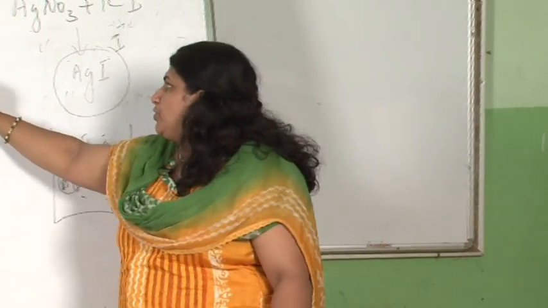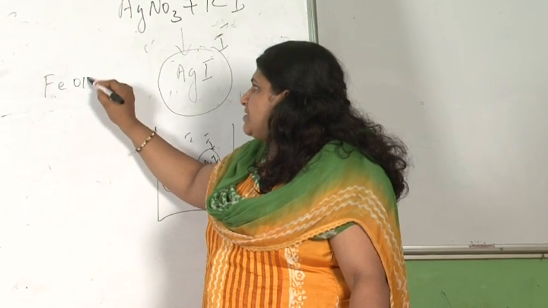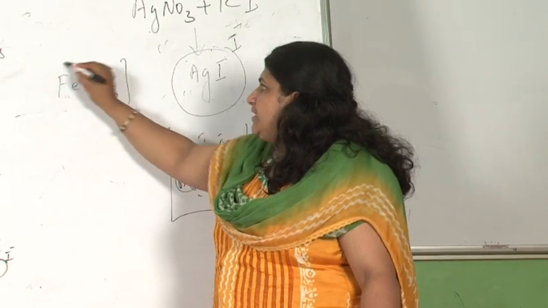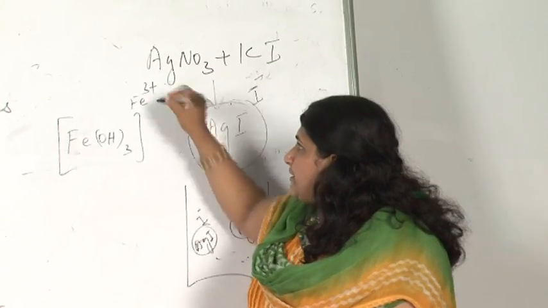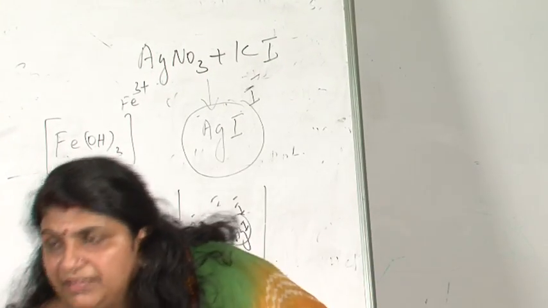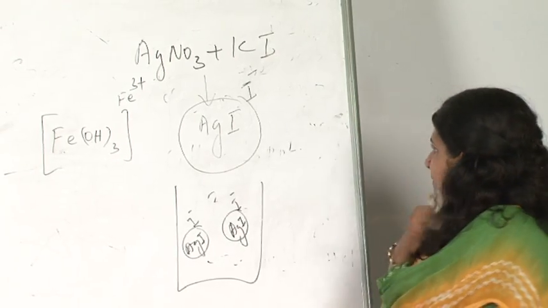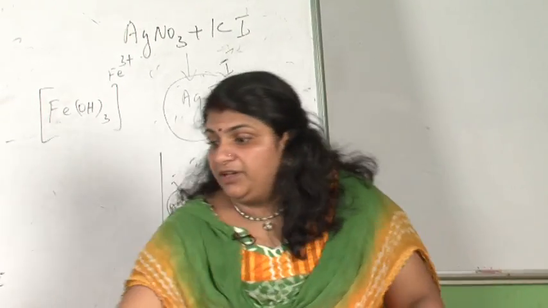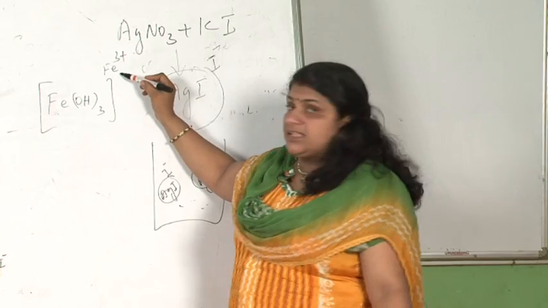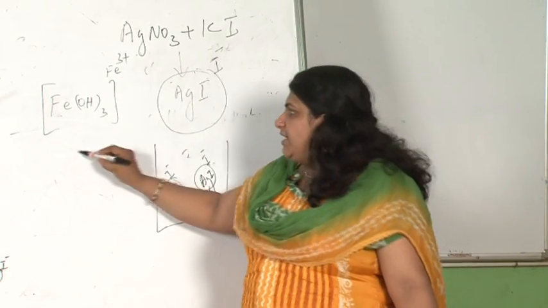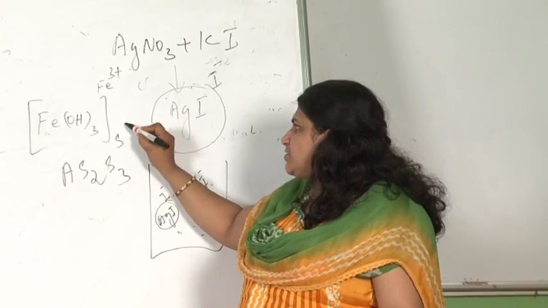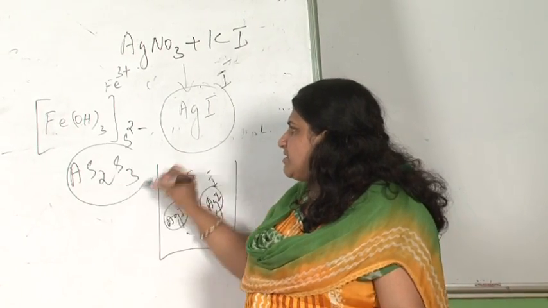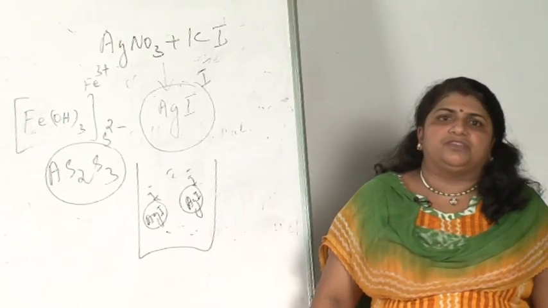Similarly, as I told you, ferric hydroxide has become positively charged due to the preferential adsorption of Fe3 plus ions. As2S3, arsenous sulfide, is negatively charged due to the preferential adsorption of S2 minus ions on the surface.